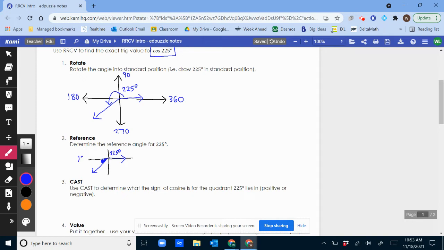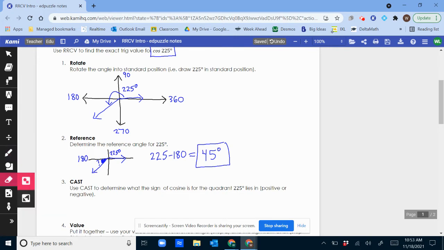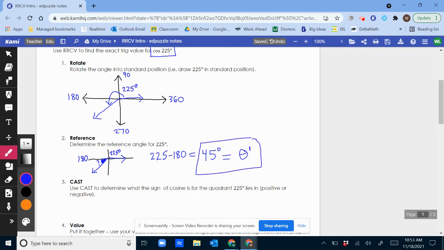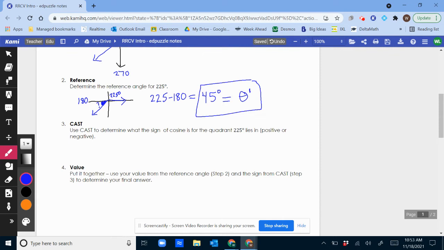If 180 is here and we've gone to 225, the reference angle would be 225 minus 180. Basically, see how much further you've gone past 180. And that would be 45 degrees. So your reference angle is 45 degrees, and remember, you write that as theta prime, theta with an apostrophe. So the first R was rotate or draw the angle. The second R is find the reference angle.